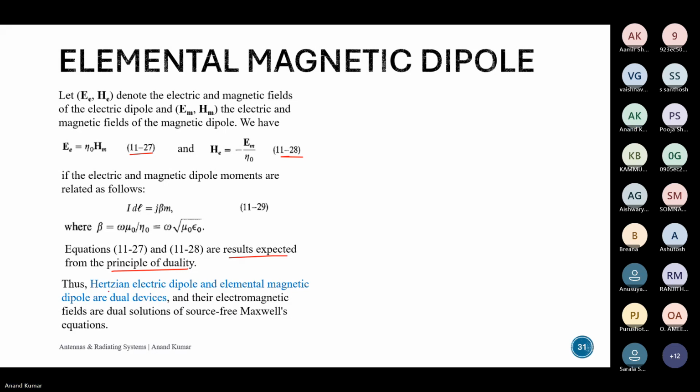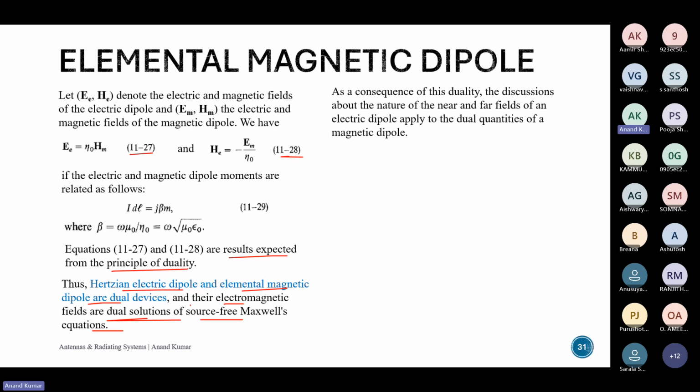So the Hertzian dipole and the elemental magnetic dipole are dual devices, because the expressions show that they are duals of each other, and their electromagnetic fields are dual solutions of the source-free Maxwell's equations.